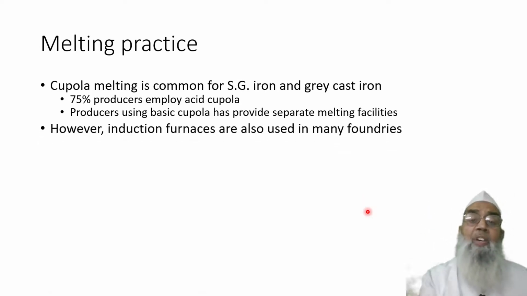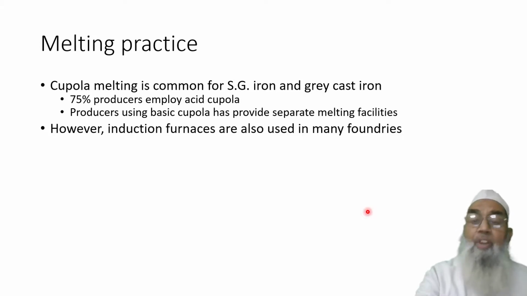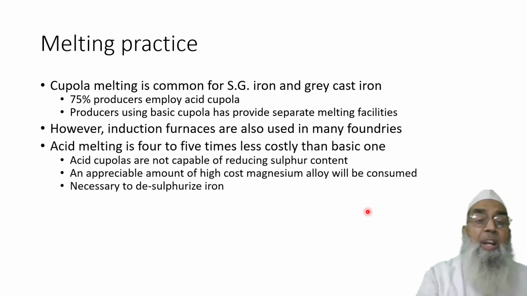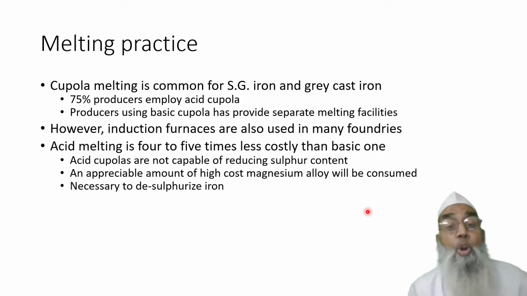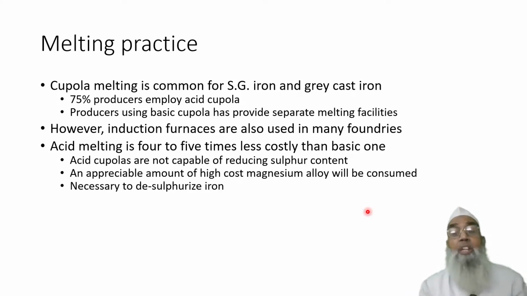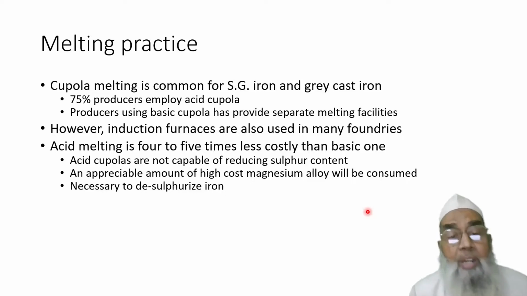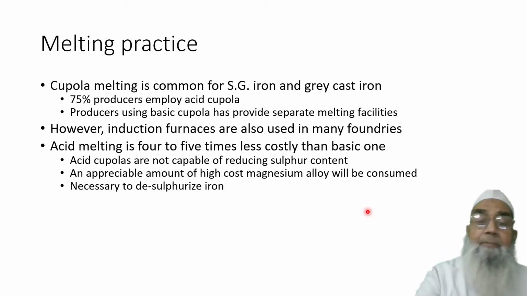However, induction furnaces are also used in many foundries. Acid melting is 4 to 5 times less costly than basic. Acid cupolas are not capable of reducing sulfur content. Therefore, it is a demerit. An appreciable amount of high-cost magnesium alloy has to be consumed to desulfurize the iron.